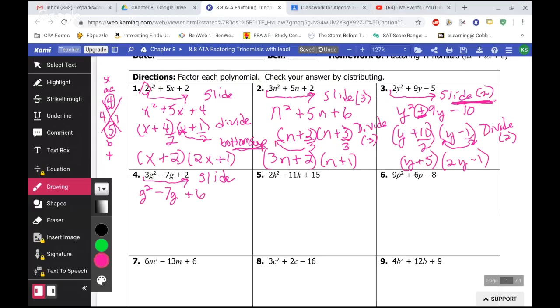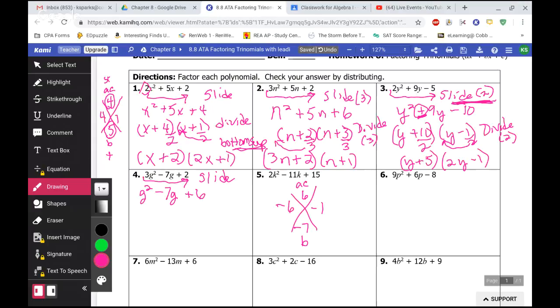So now I'm going to look for two factors that multiply together to give me 6, but when I add them, give me a -7. Write that out to the side. -6 and +1. Well, no, -6 and -1.